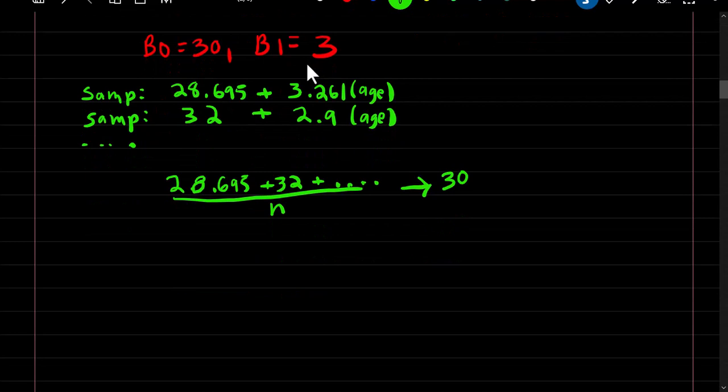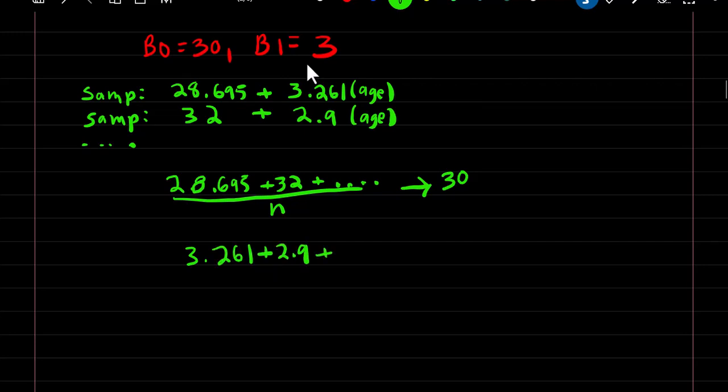And then the same thing holds for our beta 1 parameter. So if we add up all our estimates, so 3.261 plus 2.9 from sample 2 plus sample 3, sample 4, sample 5, and so on, divided by the number of samples that we took, this number will approach the true population parameter of 3.